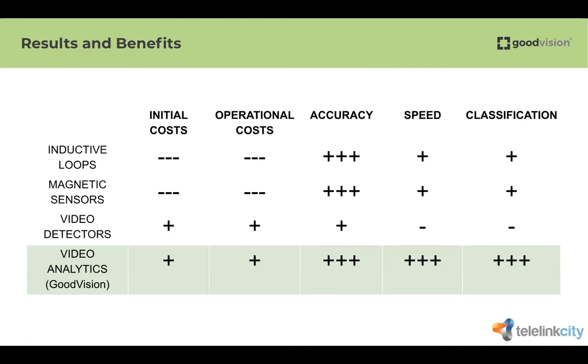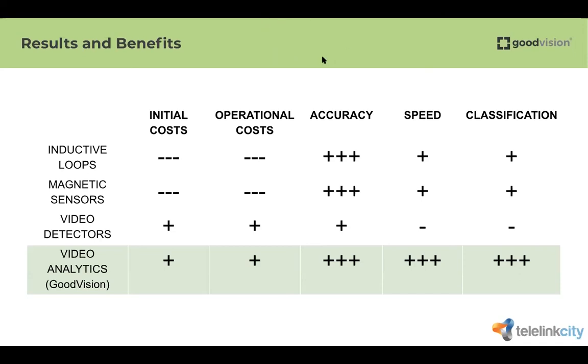The traditional video detectors that we use have much lower initial and operational costs, but with this also comes the low accuracy that we observe. They also are not able to measure speed or classify the vehicles at the moment.